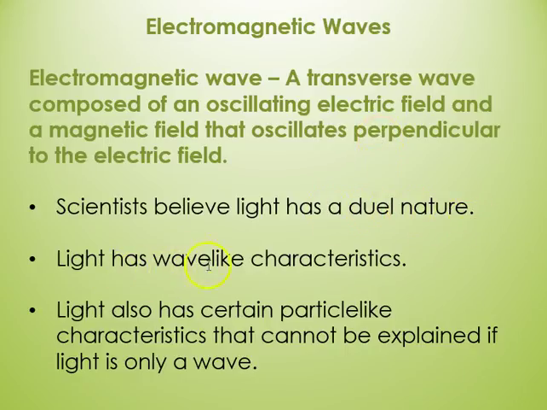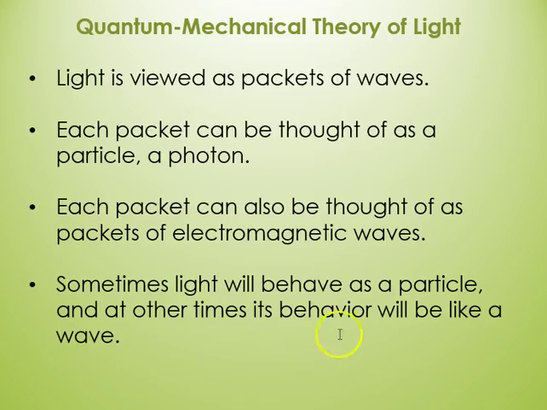Light has wave-like characteristics, and it also has certain particle-like characteristics that can't be explained if light is only a wave. So there are things that we already knew about light that couldn't be explained by the characteristics of particles. And this led scientists to further examine light and discover that it has these dual properties.